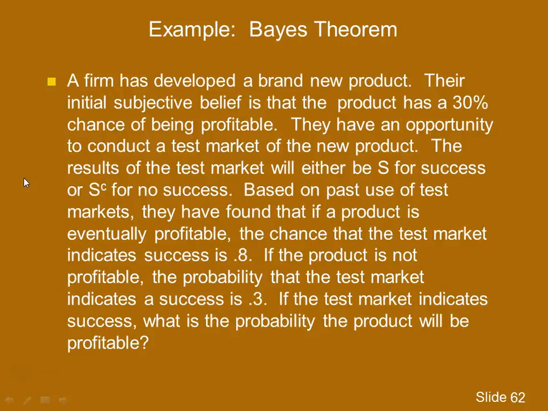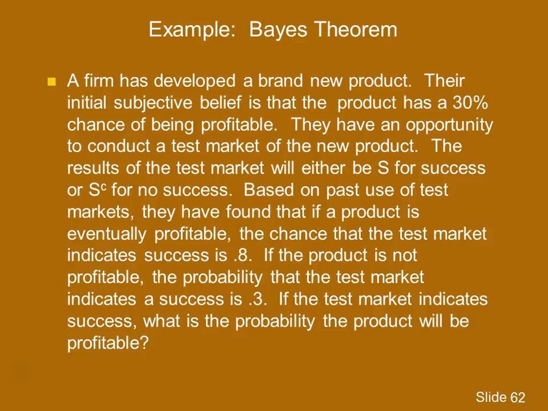And do another problem. This is a more typical type of Bayesian problem. This is what I sometimes call a decision theory type problem. A firm has developed a new product. Their initial subjective belief is that the product has a 30% chance of being profitable. They can conduct a test market. The result of the test market is either S for success or S complement for no success.